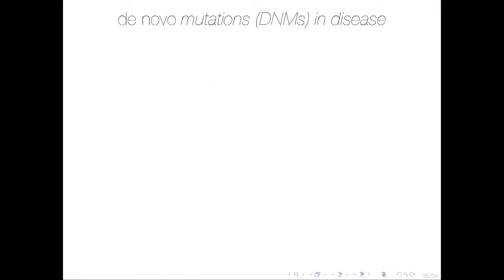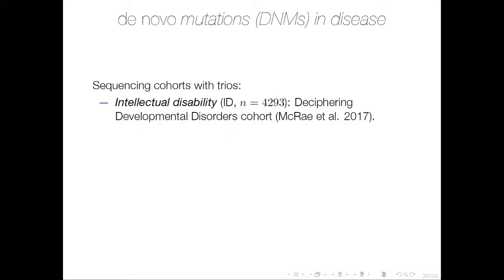But what we were really excited about doing was applying this methodology in actual disease cases. And here we focus particularly on de novo mutations. So these are mutations that the disease case has that his or her parents do not have. And we've looked at this in 2 sequencing cohorts with trios. So this means the sequencing has been done of both what's called the proband, so the individual with the disease, and the parents.